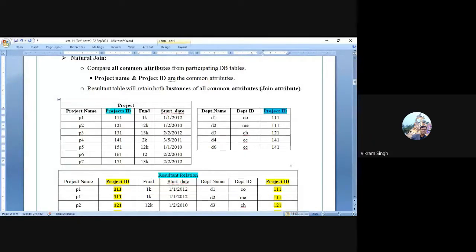So if we perform natural join, the comparison between these two will be performed, and the comparison will be based on the equal to operator, the equality condition.